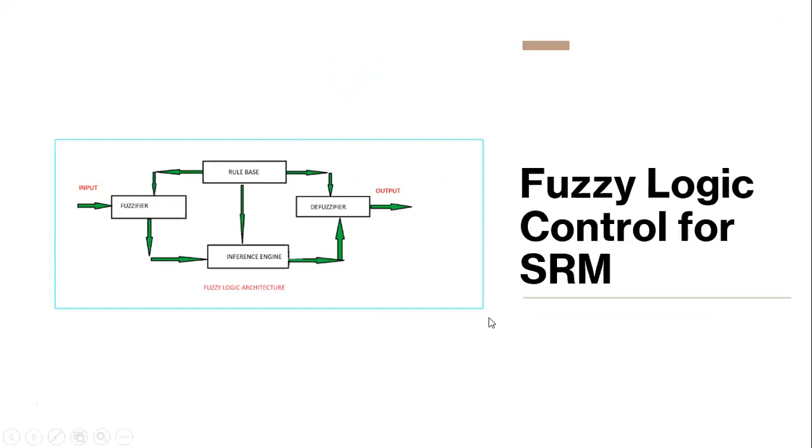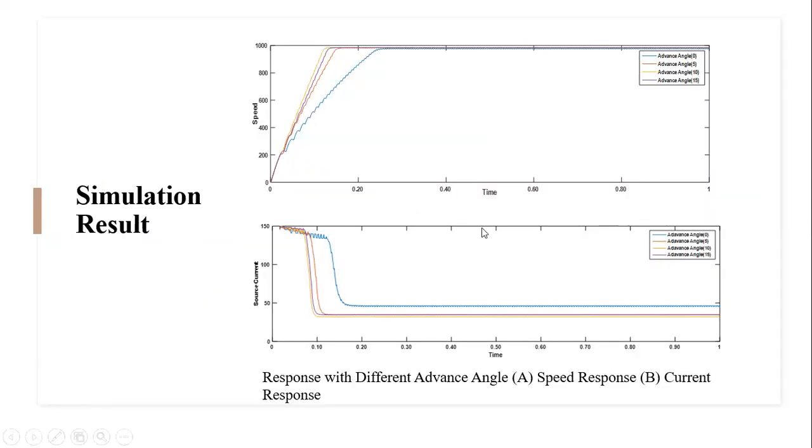Okay, after that we use a fuzzy logic controller for this SRM model, because we faced this issue in the simulation results. With the advanced angle control strategy, at advanced angle 0 the response is less, at 5 it increases, at 10 it also increases, but when we increase to 15, it is not determined which advanced angle is suitable for this operation. So we also need optimal angle selection.